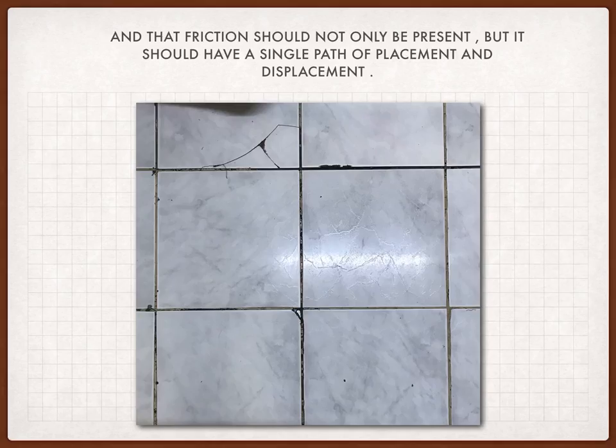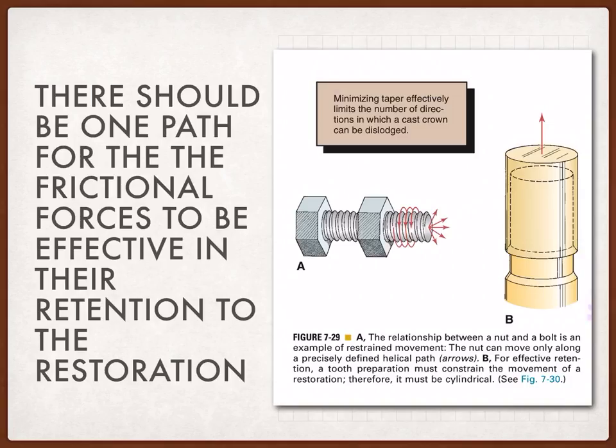Because the restoration must be kept in the tooth with frictional forces and in one path only. If it has another path, it will be dislodged and it will not be retained to the tooth structure.